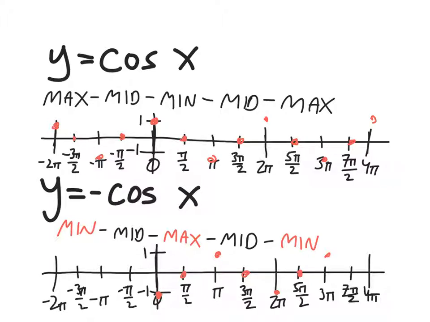That's pretty much the main thing you need to know as far as plotting the sine and cosine functions. Both of these functions go through the same cycle, and what you want to see on the graph is the pattern of it going through its minimums, maximums, and midlines and completing a full cycle.